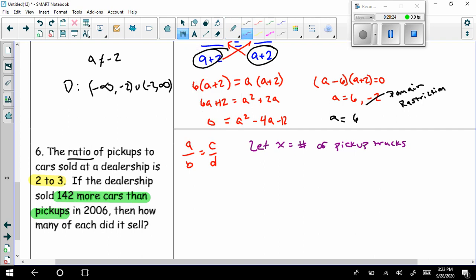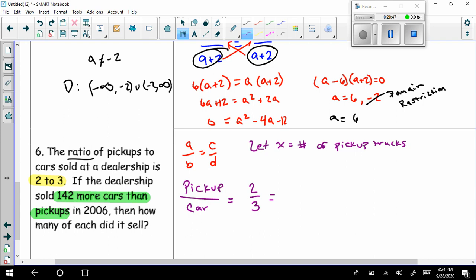And so when we set this up, know that we have our ratio, and I would just write it out. Our ratio is pickups to cars. Pickups to cars. All right, well, that is 2 to 3.